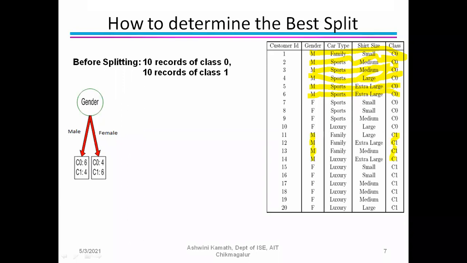Then similarly for female, we have 4 C0 values. Obviously, 6 C0 values for male means the remaining 4 values of C0 are for female. Again, 4 values of C1 for male means 6 values of C1 for female. So this is how it will be split.